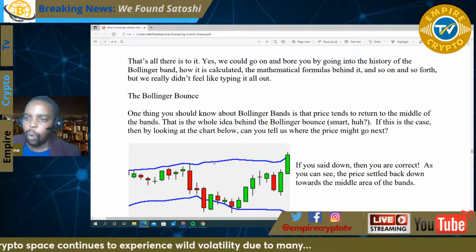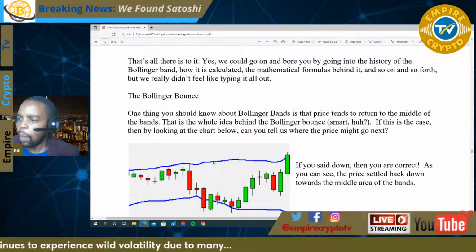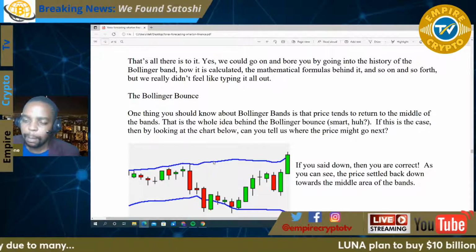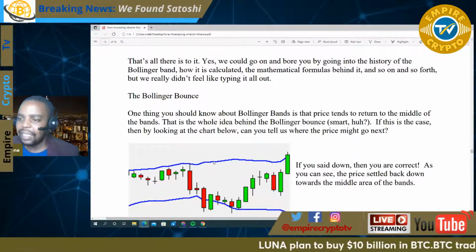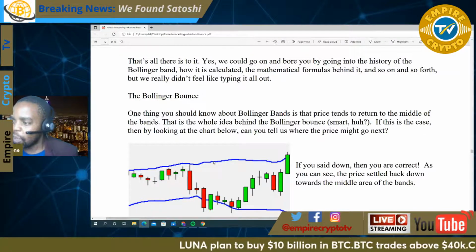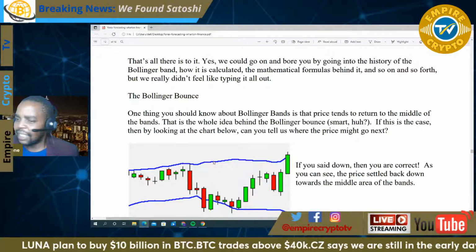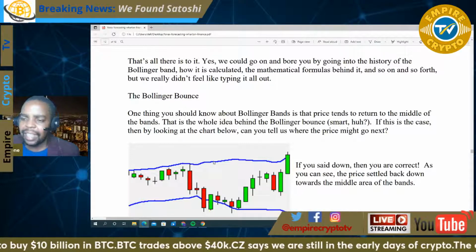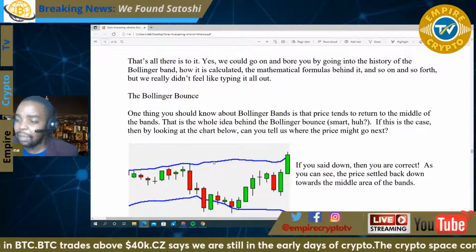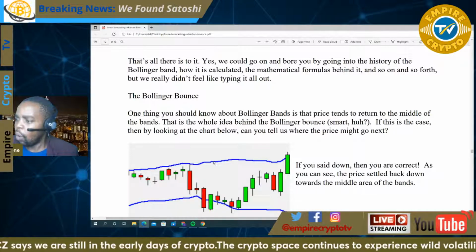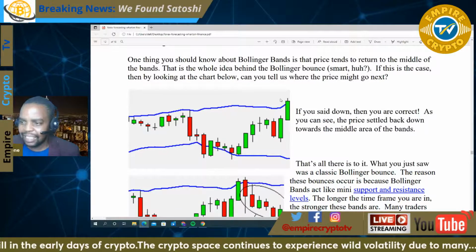One thing you should know about Bollinger Bands is that price tends to return to the middle of the bands. That is the whole idea behind Bollinger Bands. Looking at the chart below, can you tell whether the price might go up or down next? They're trying to test you, but this is the textbook way of looking at it.